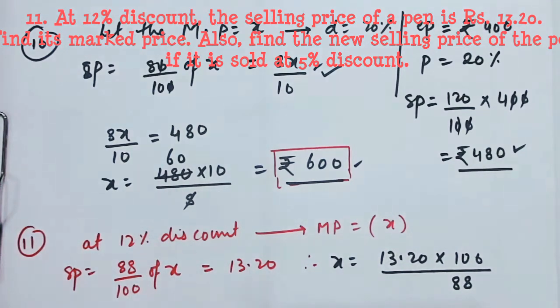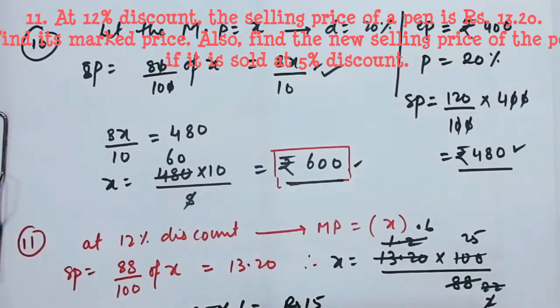So what are you going to get? 25 into 25 into 0.6 will be equal to rupees 15. Rupees 15. Clear?